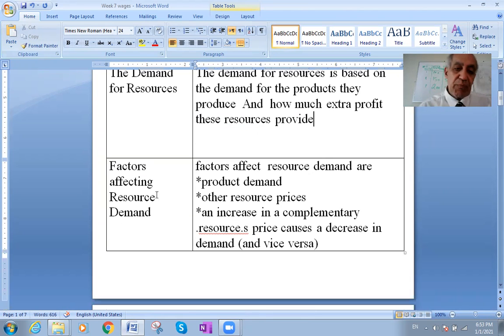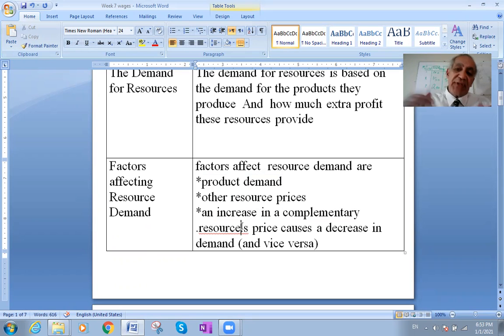Now, factors affecting resource demand: the demand for the resources is like the demand for any other item. So, factors affecting resource demand are product demand, other resources' prices, and an increase in a complementary or alternate price.